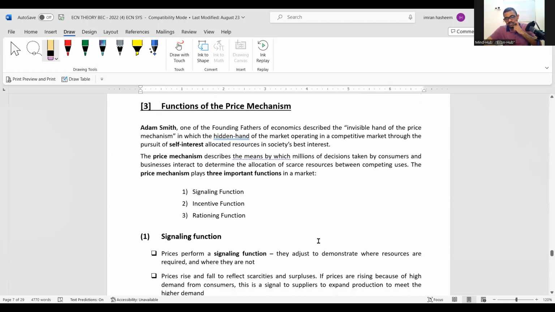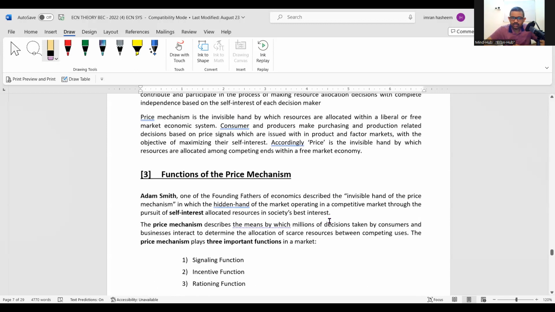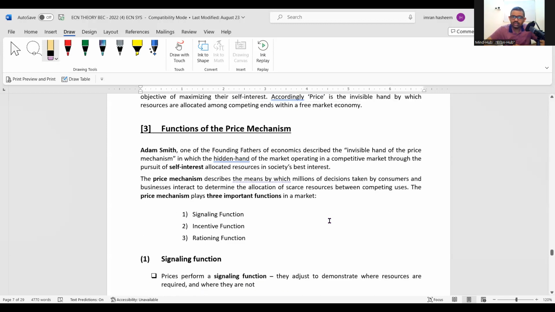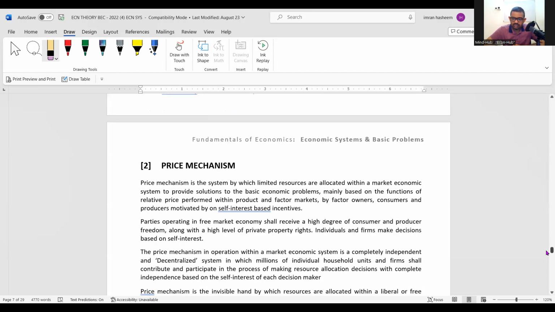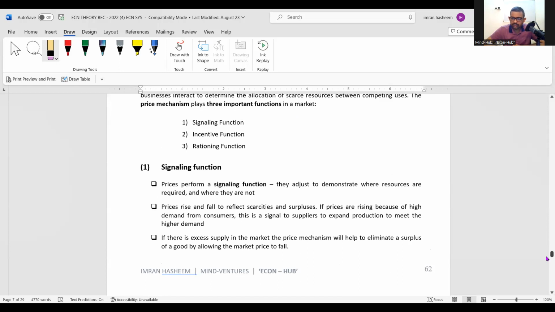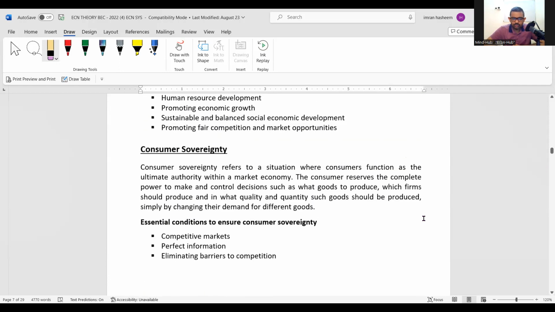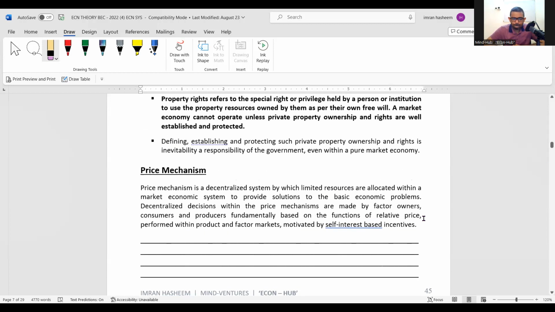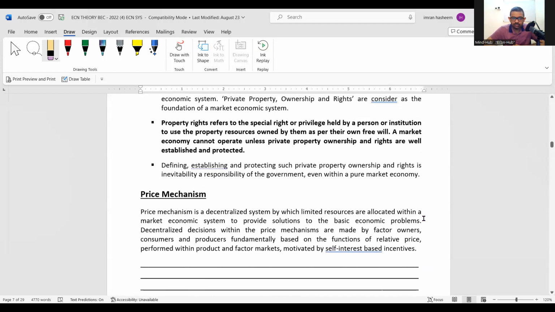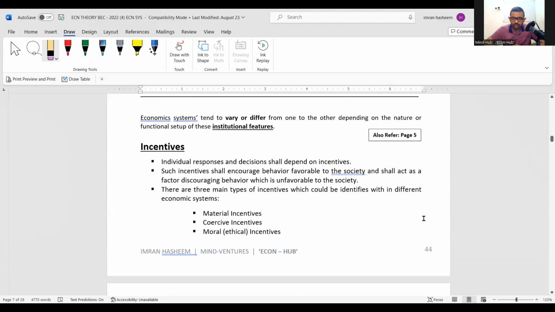Make a note in your study material: pages 61, 62, 63. Come to page 44. Did you write this last week? I can't remember.